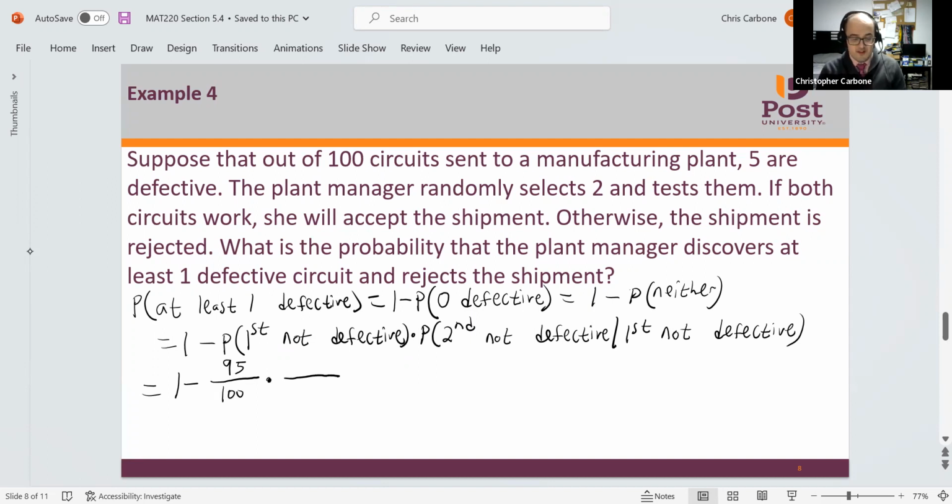Since we already chose one circuit, there are 99 left over. And because there were 95 non-defective circuits before, after choosing one non-defective circuit, there are now 94 left. So this is 1 minus 95 over 100 times 94 over 99.